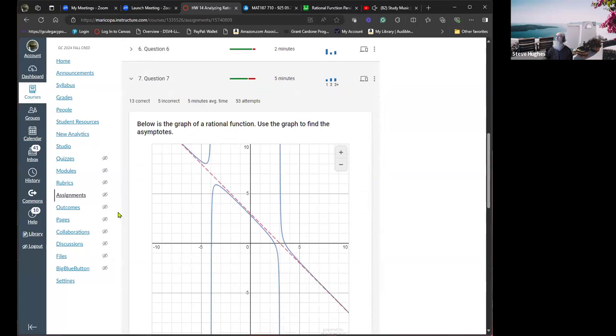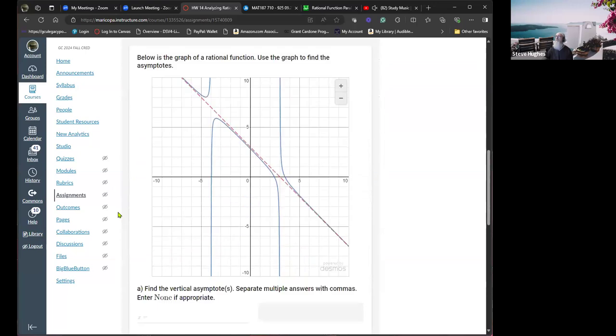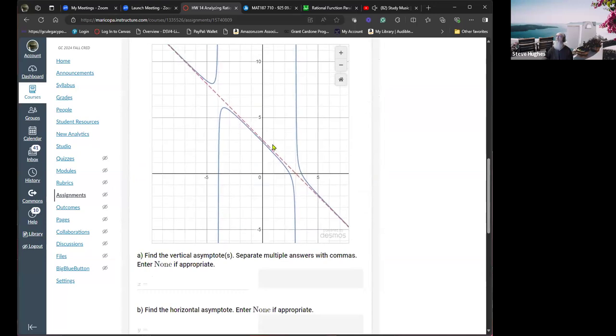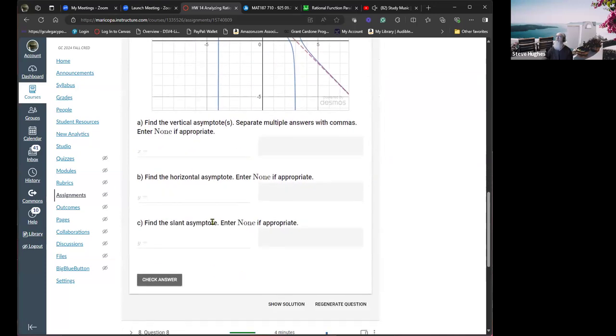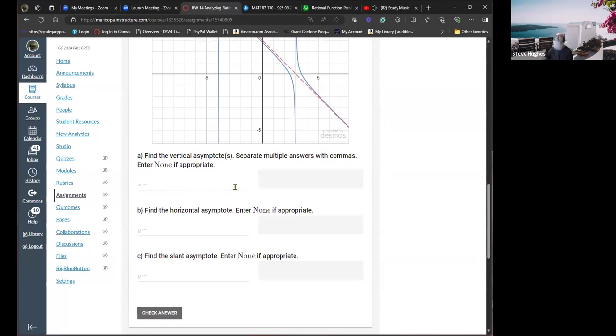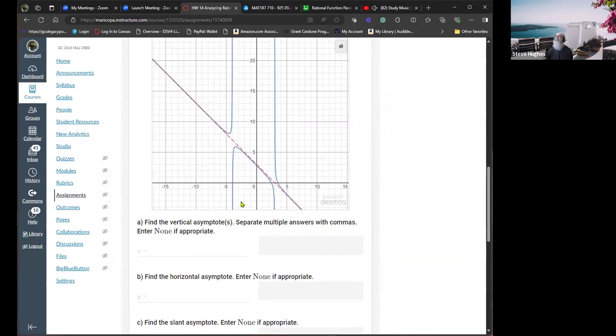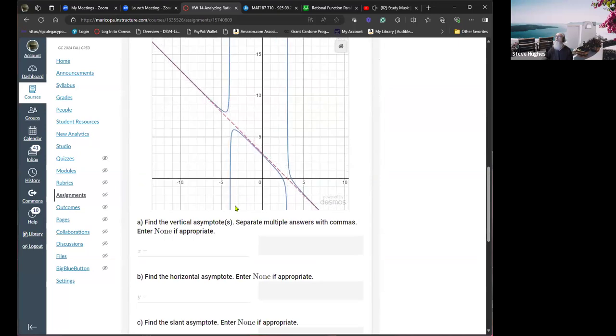Number 7 says below is the graph of a rational function. Find the asymptotes. That's a slant asymptote, right, guys? So you're going to have to use the equation of a line to figure that out. Does it look to you guys like there are vertical asymptotes?